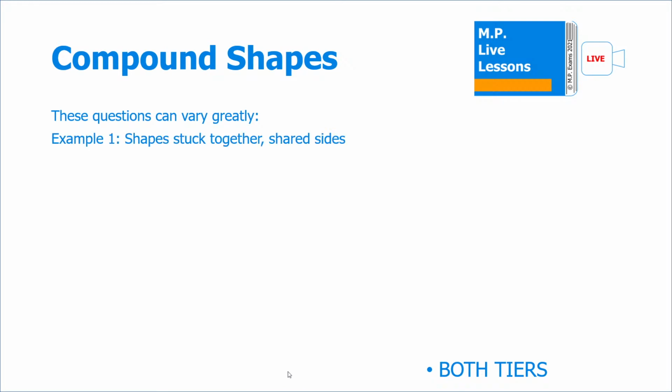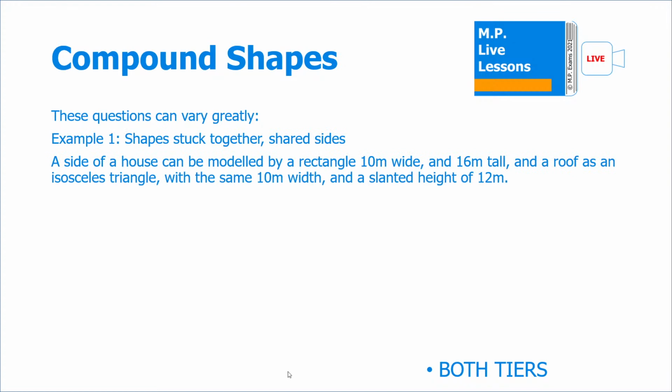So these questions vary greatly. So for example, you could have a shape stuck together with shared sides. So we've got the side of a house modeled with a rectangle and a triangle 16 meters tall.